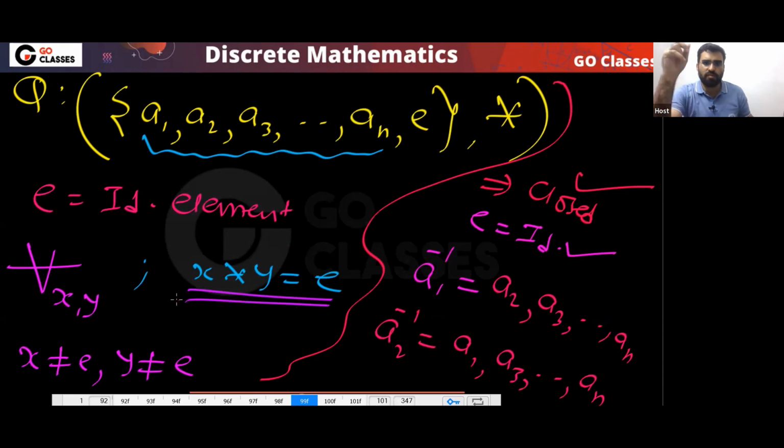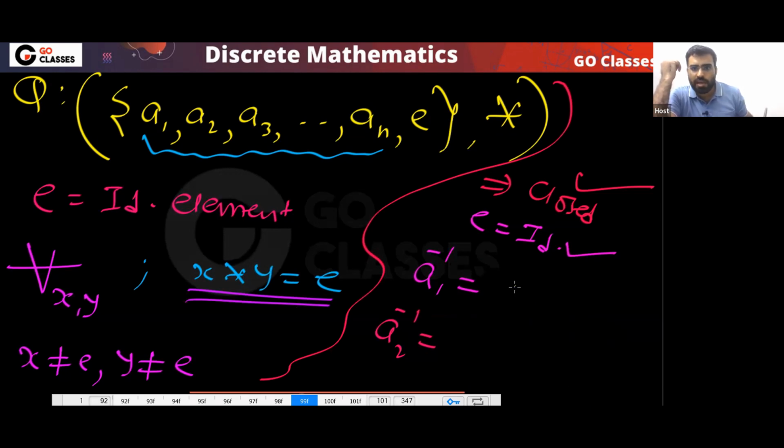Actually, one more interesting thing: A1 inverse will also be A1, right? A1 also will be there. Actually, all of them, A1, A2, AN, because just apply the definition.